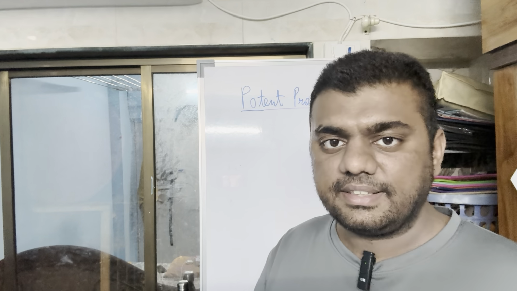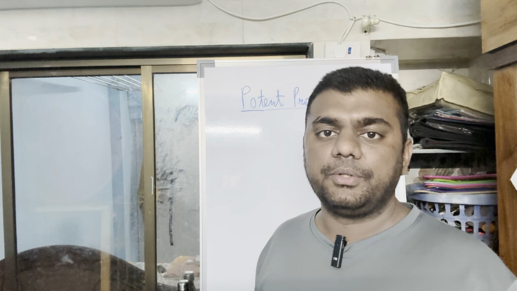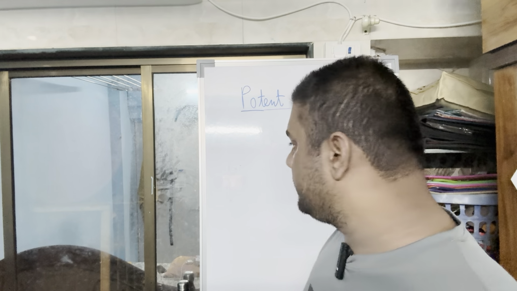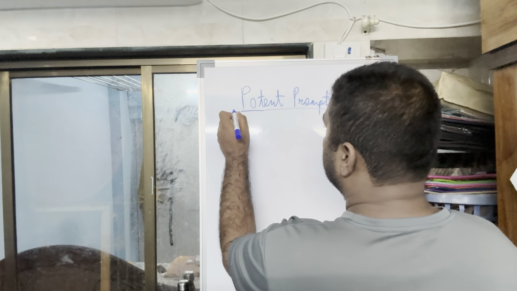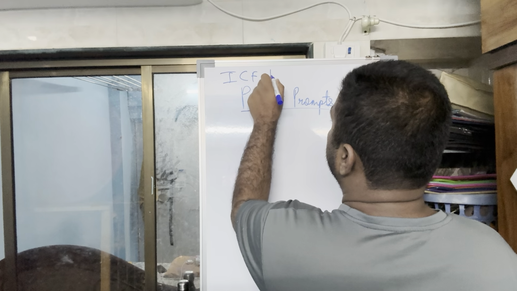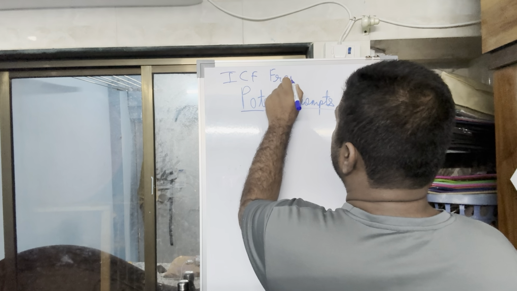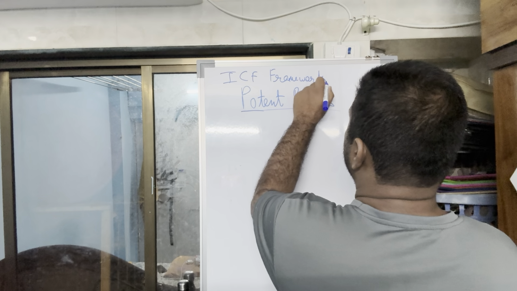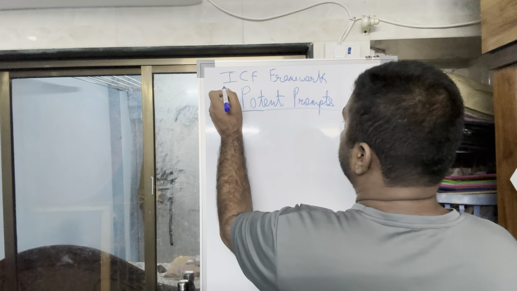Now let us consider the example. I have to create a video using InVideo AI. So I will use the ICF framework. Let me take you through it once again.